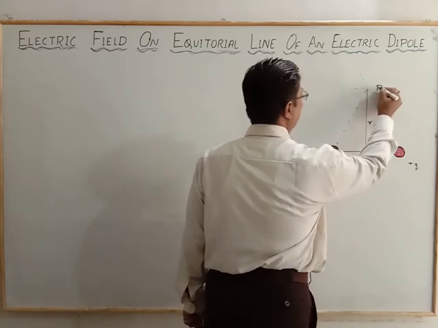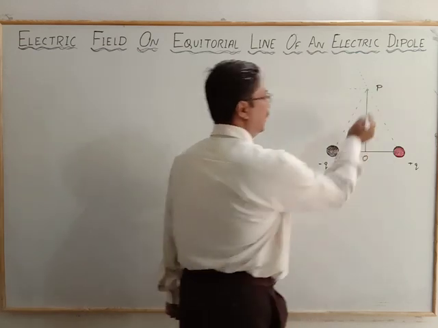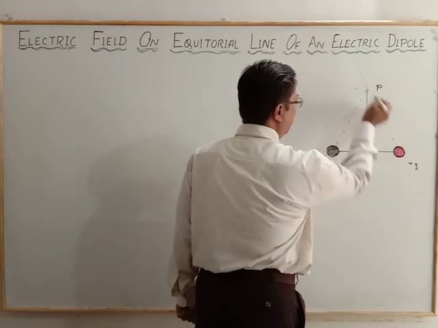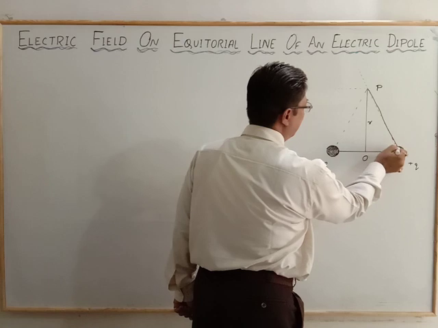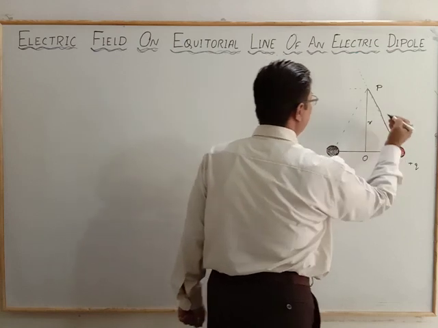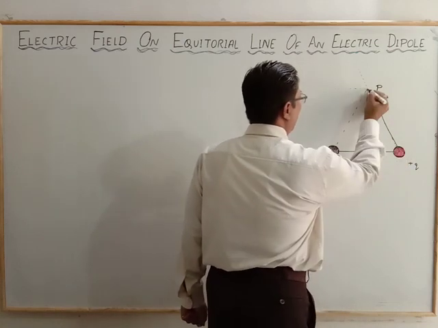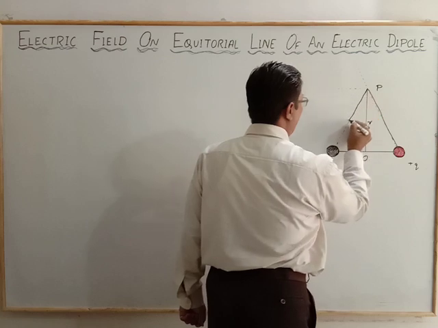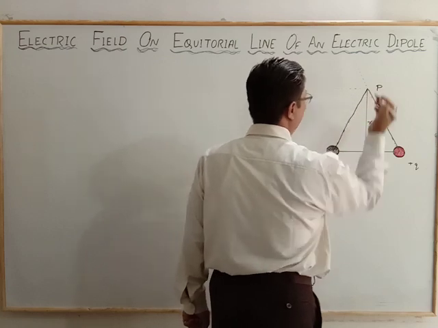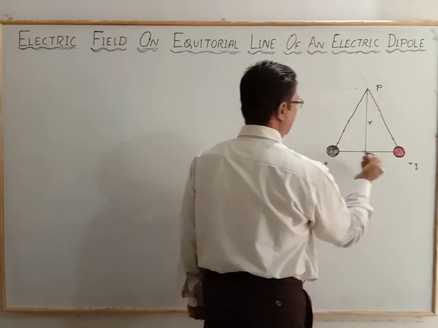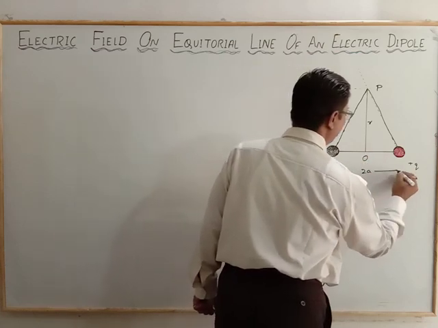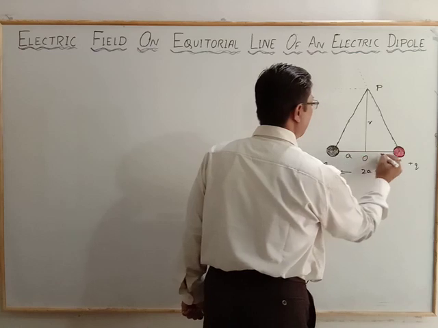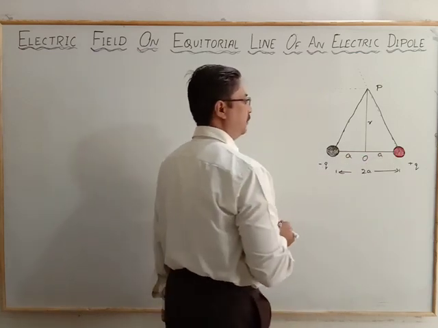Let it be the point P. Now, the distance of P from either of the charges, let the dipole length be 2a, so that is a and a from the center of the dipole.